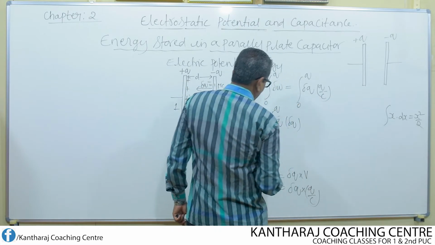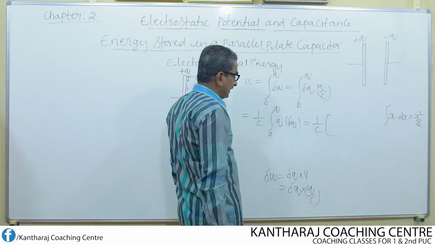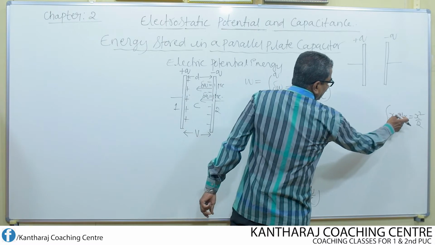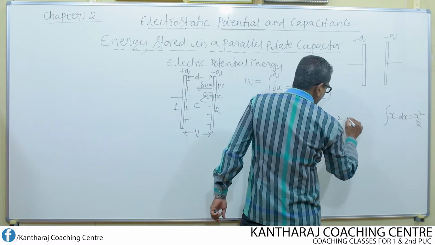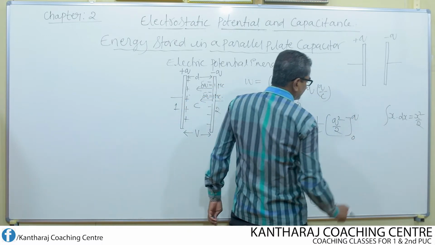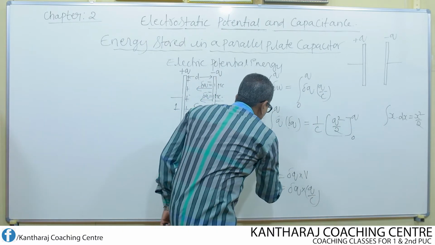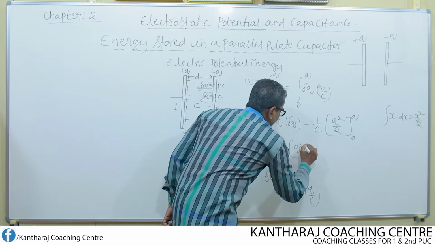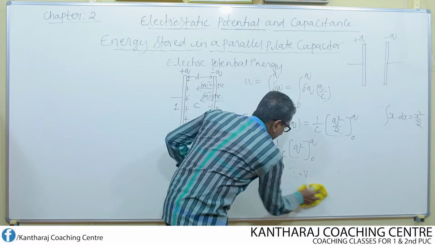So according to that, what can I write? I can write this as 1 over C into, if you integrate Q into delta Q, meaning x into dx, x square by 2. So here it will be Q square by 2. Don't forget to write the limits 0 to Q. Now I take 2 outside, then it becomes 1 over 2C into Q square, 0 to Q. All that I need to do is apply the limits.